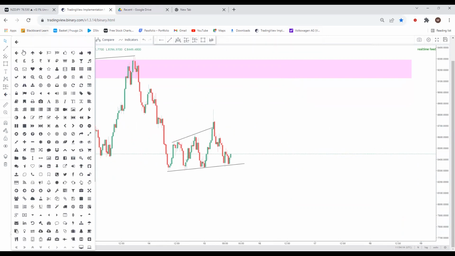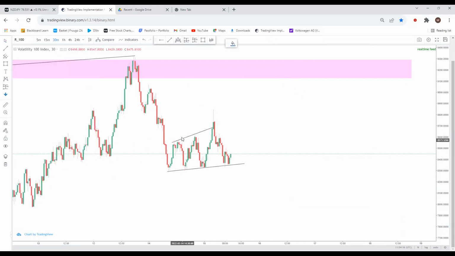Let me point that out with these arrows: the first one there, the second one there, and the third one with a significant rejection. If you were trading rejections, this was your signal to sell. This huge rejection there, and now we're having a sell-off.